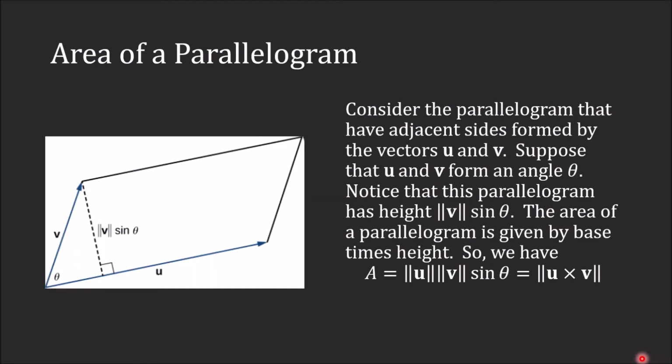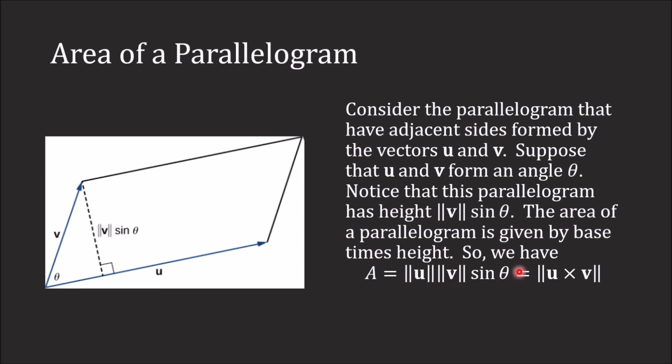So let's form a parallelogram that has adjacent sides u and v. Now let's suppose, furthermore, that u and v form an angle theta. Now note that the height of this would be the norm of v times sine of theta. So the area of a parallelogram is given by base times height, and so the area of this parallelogram would be the norm of u times the norm of v sine of theta.